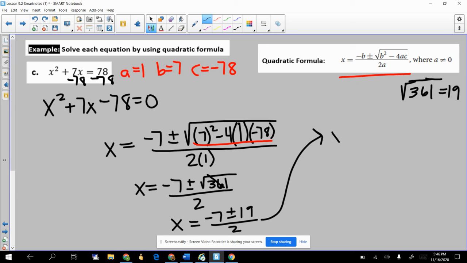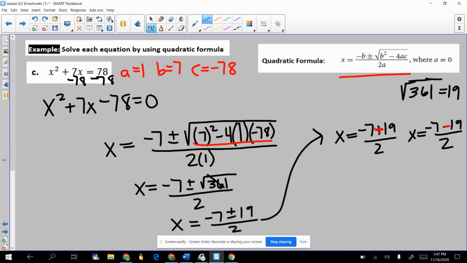So we would write this as two separate equations. x equals negative 7 plus 19 divided by 2, and x equals negative 7 minus 19 divided by 2. That's what the plus or minus means, right? So we separate it into two equations, one with a plus here and one with a minus here. Okay, then we're going to go ahead and solve.